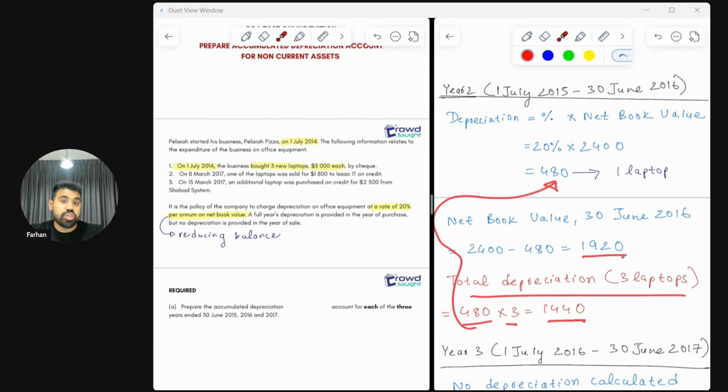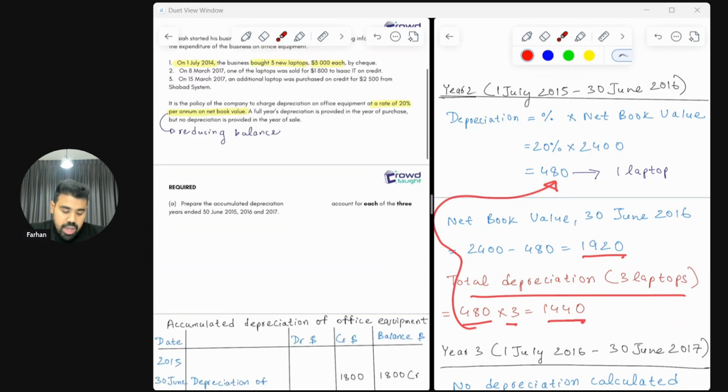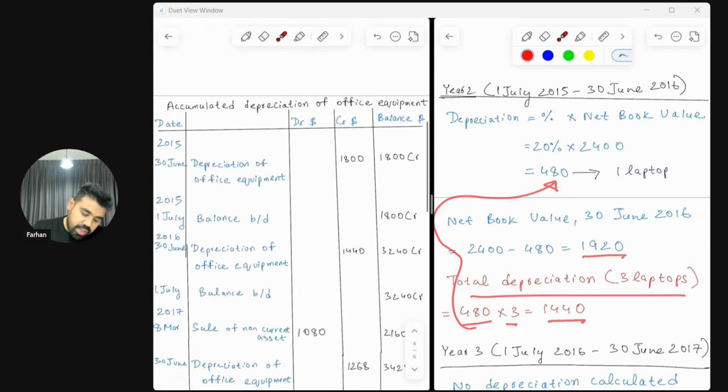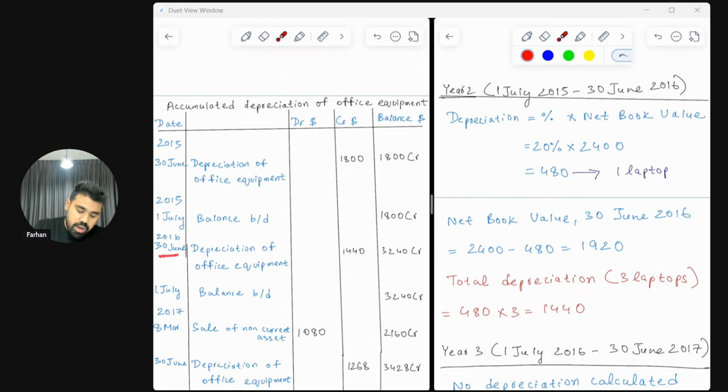Now, how should we journalize this in year 2? Again, we will debit the depreciation expense account by $1,440, and we would credit the accumulated depreciation of office equipment account by $1,440. Now, within the main account for accumulated depreciation of office equipment, you will see that at 30 June 2016, which is the end of the financial year, I've included the amount on the credit side based on what we've just discussed with regards to the journal entry, and the cross-reference here is the depreciation of office equipment, okay?